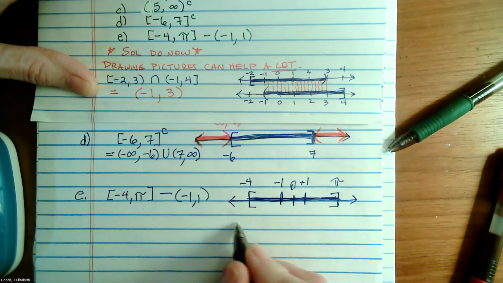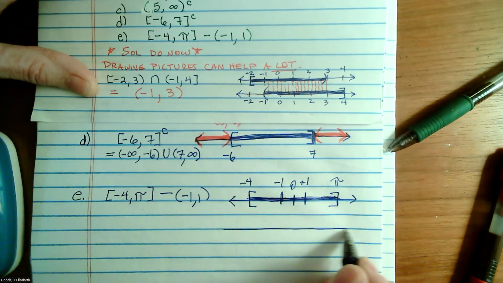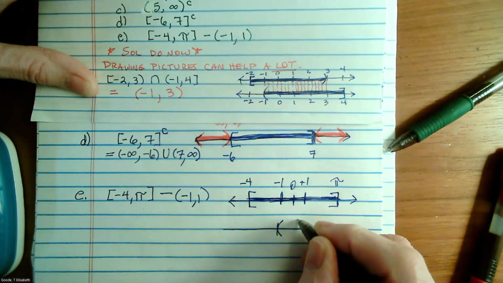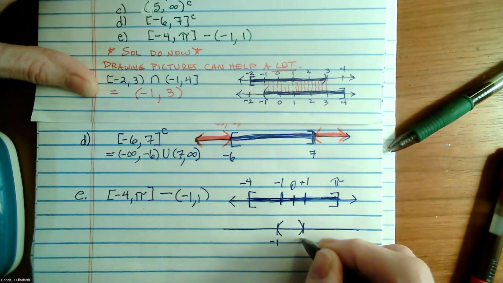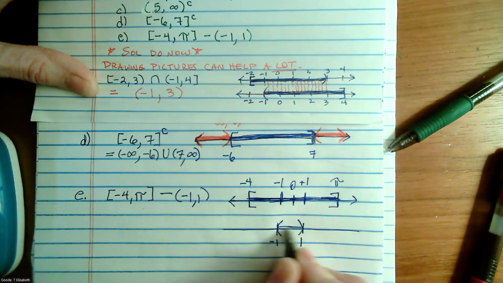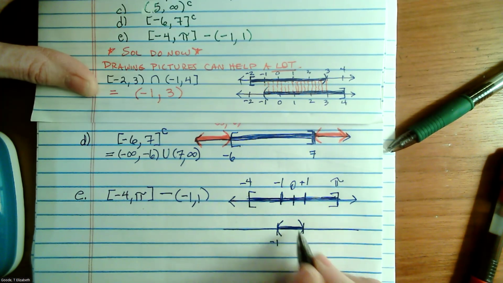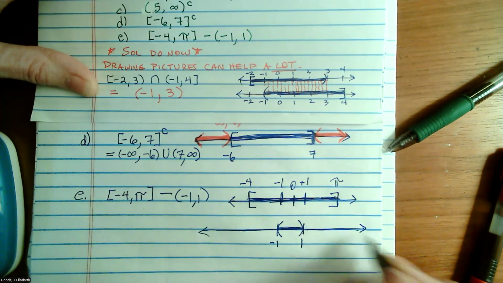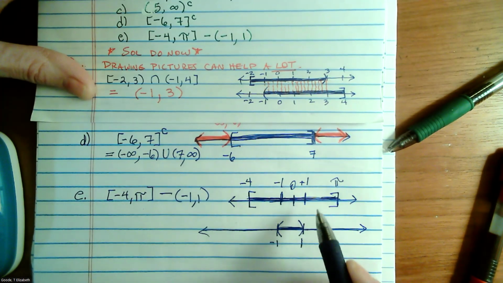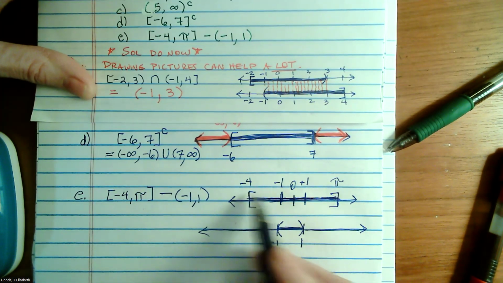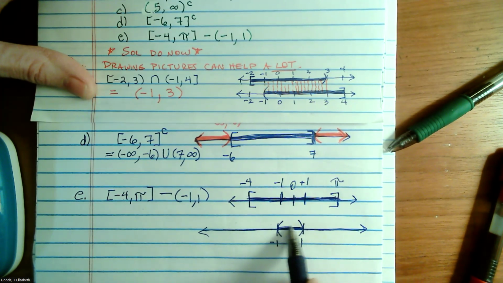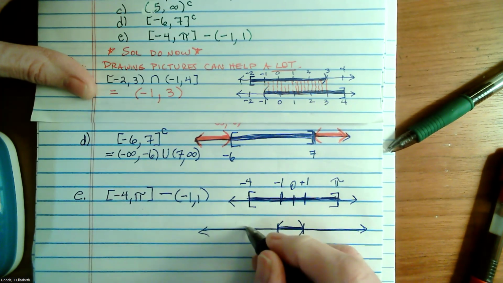But what we want to subtract away is the set that lives between negative 1 and 1, but doesn't include negative 1 or 1. So it's soft brackets, right? So what we're really looking for is the elements of this set that would be left over from negative 4 to pi if we subtracted away the elements there in the middle.